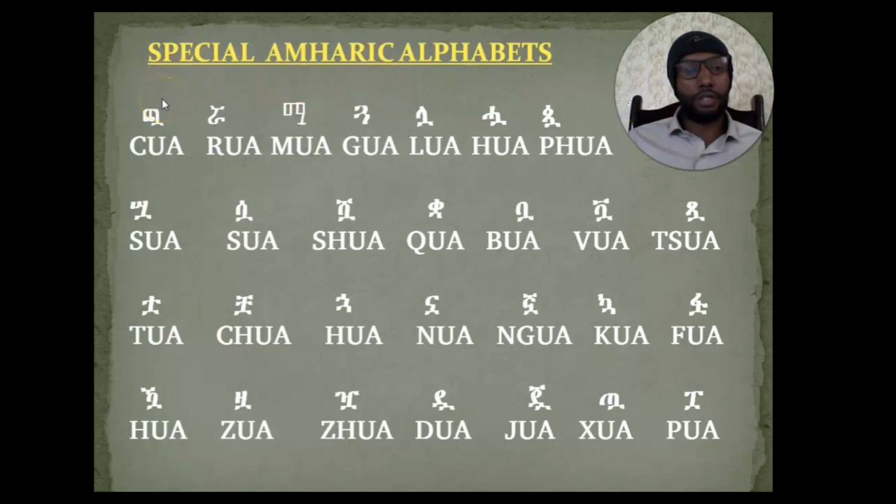The special alphabets have no order, unlike the basic Amharic alphabets, which have a sequence from 1 up to 34, like A to Z in English. In Amharic, the sequence of the basic alphabets starts from Ha and ends with Pa. But the special Amharic alphabets have no order. You can arrange them as you like.